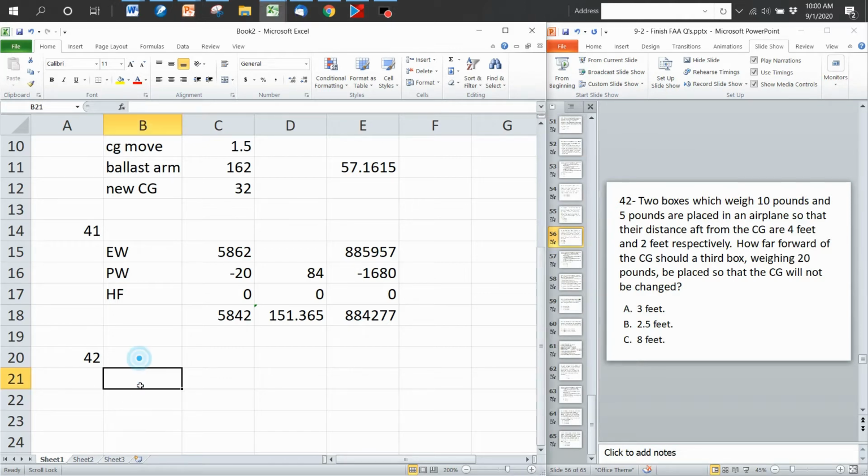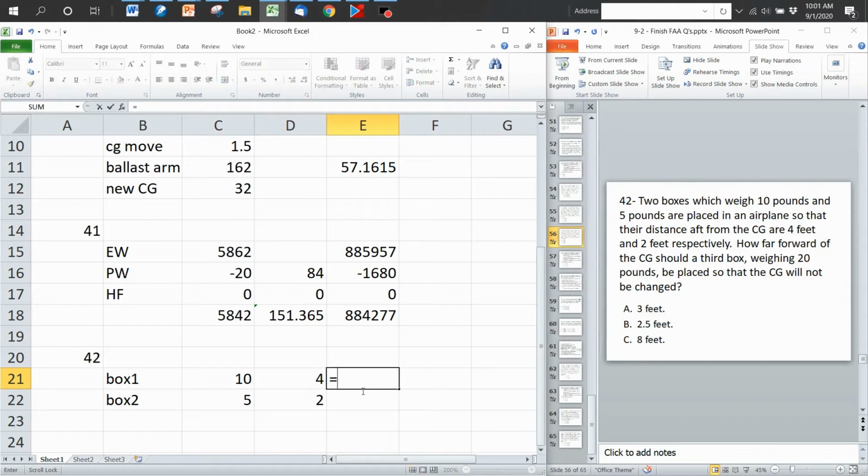So we have our item over here, and I'm going to call it box 1, and box 2. Each has a weight: box 1 is at 10 pounds, and box 2 is at 5 pounds. And they each have an arm: box 1 is at 4 feet, and box 2 is at 2 feet.